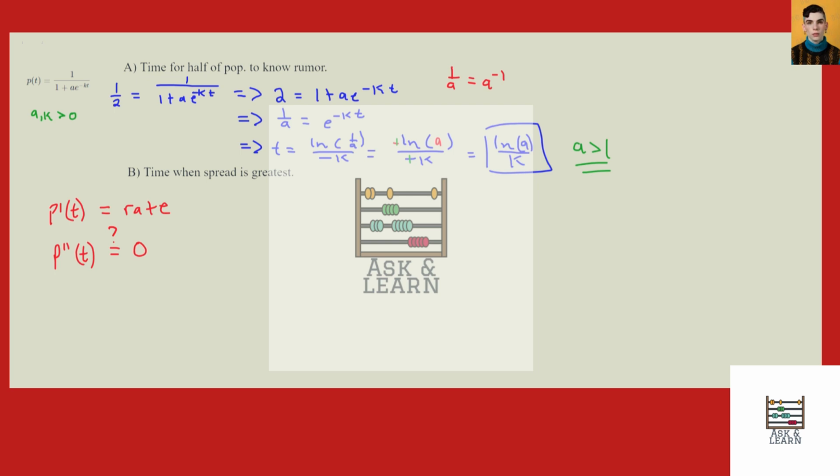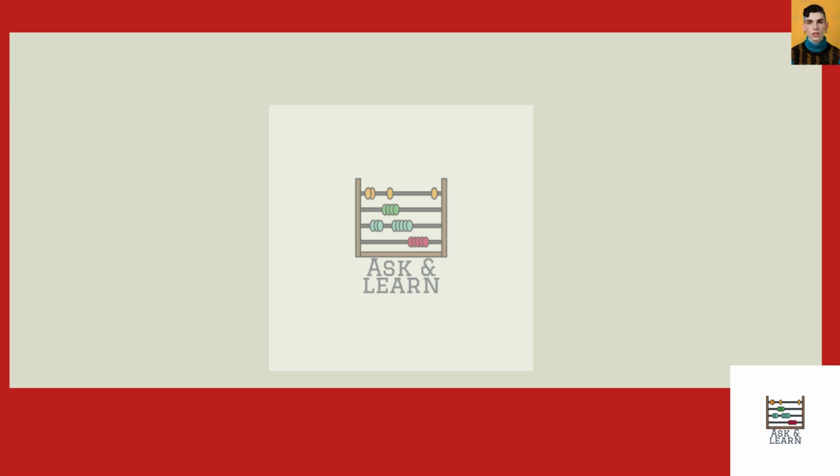So let's go ahead and first take the derivative of p, and then we can also take the derivative of that. So let's go ahead and do this on a new page. So we had that p of t was equal to 1 plus a e to the negative kt all over 1.